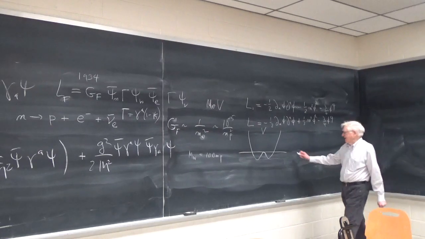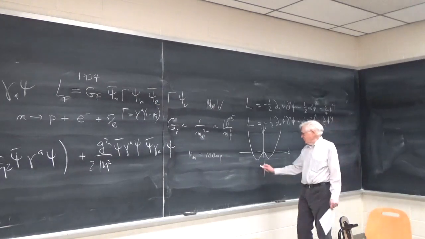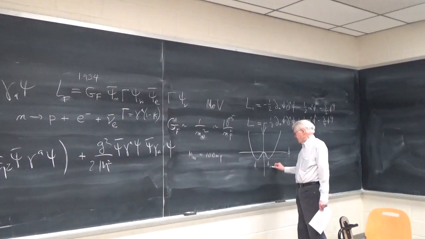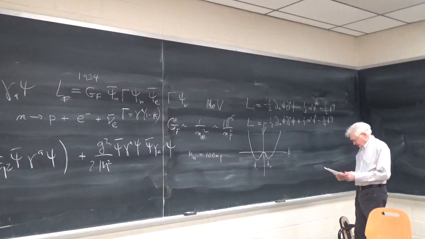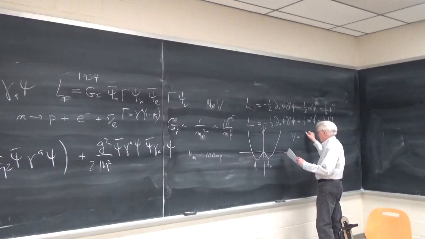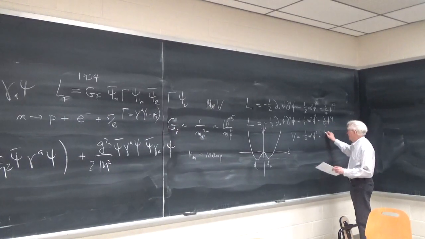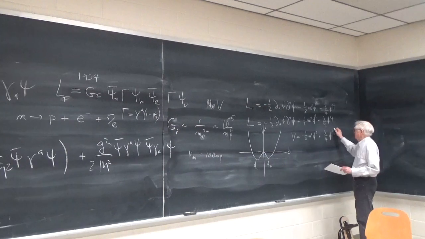So this is the phi axis, and this is V. So there are two minima, one at phi minus, one at phi plus, and the potential is minus a half m squared phi squared plus lambda over 4 phi to the 4th.